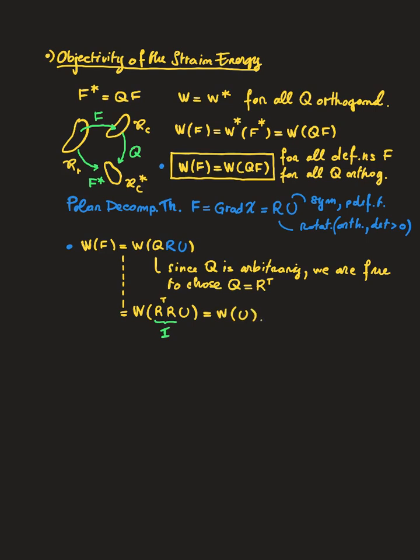So we ultimately can say that our requirement of the strain energy being objective, which is what we wrote here, ultimately boils down into the following thing that I will now put in a frame. So let me write it again.